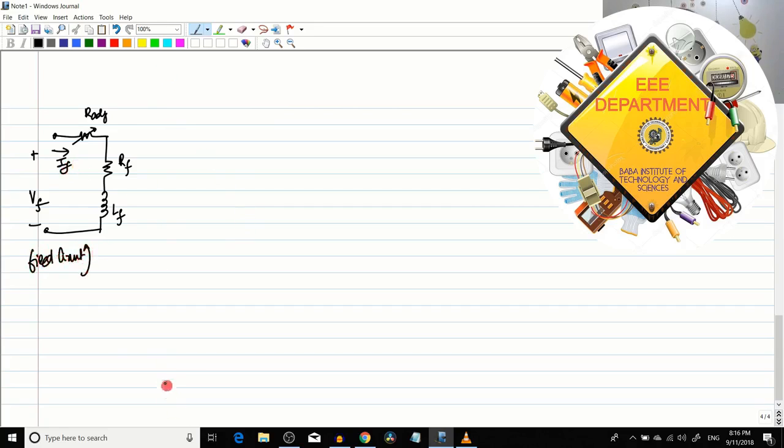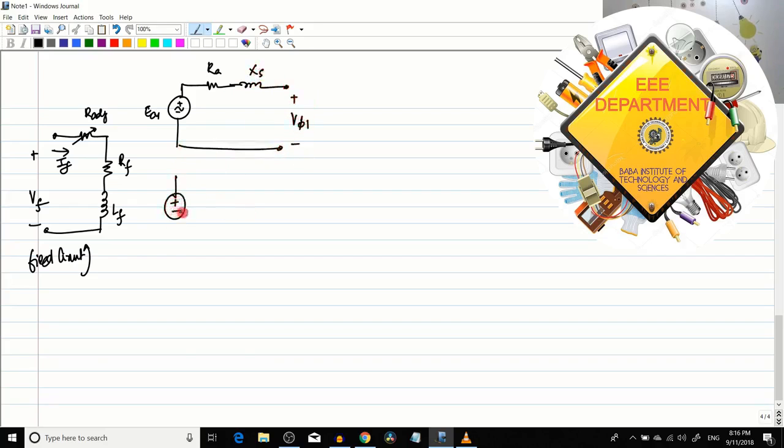For three phases, we will have to draw three circuits. So let us start by drawing the same circuit. This is the voltage EA1, and this is RA, and this is XS, and this is your V phase 1, the first phase.